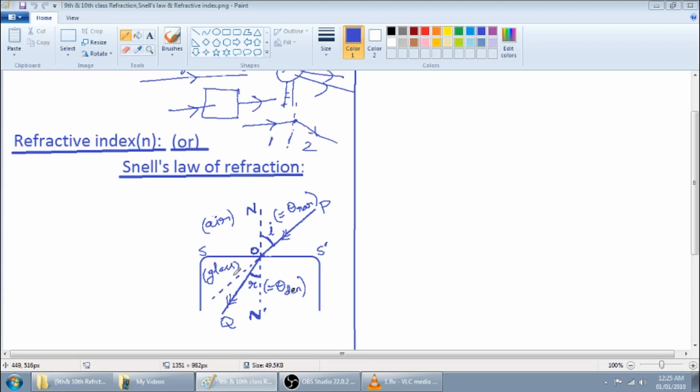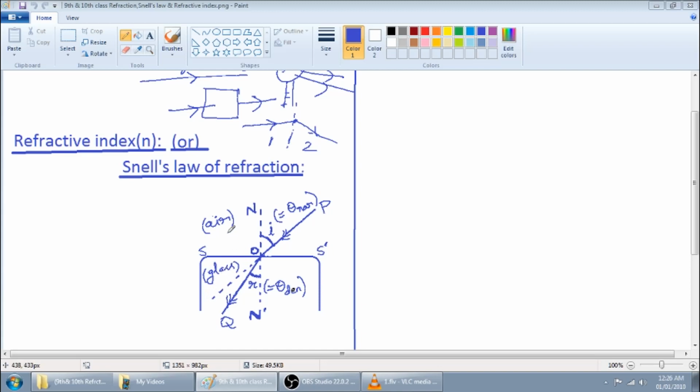The reason it's called denser is that density means heaviness. Glass is much heavier compared to air. Even water is heavier compared to air. Most media are heavy compared to air. Such a medium having higher density is called a denser medium. So the transparent glass medium is called a denser transparent medium.